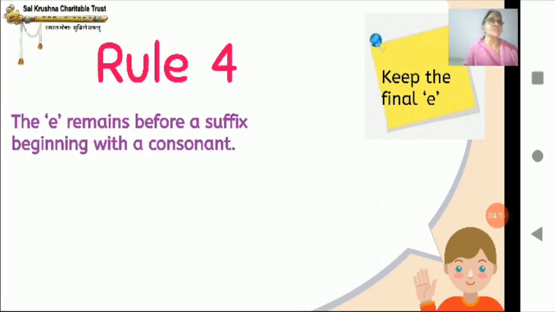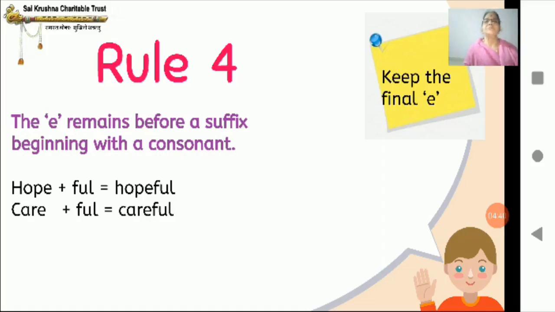A consonant, not with I, E, etc. It has to begin with a consonant, not vowels. Now look here. Hope. What is the last letter there? E. Ful. Is F a consonant? Yes. So the E is retained. We say retain the E or keep the E. It becomes hopeful.